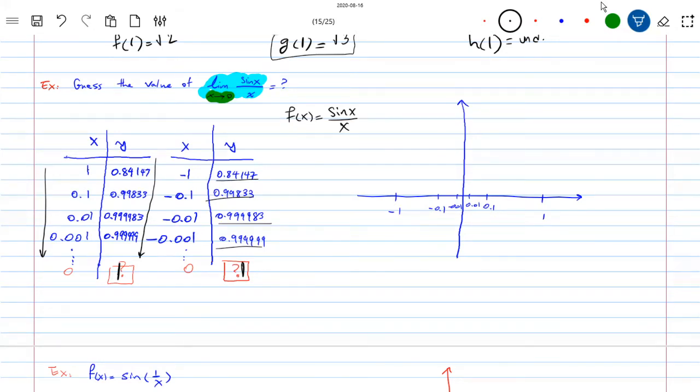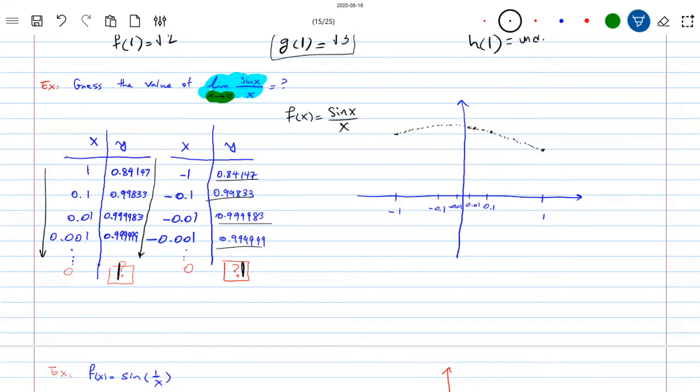So if you look at these points, if I draw these points, at 1 you have 0.84, at 0.1 you have 0.99, and the next one 0.999 and so on. So what you see is these points. You pick more points, this is the trend that you'll see. On both sides, you'll see something like that.